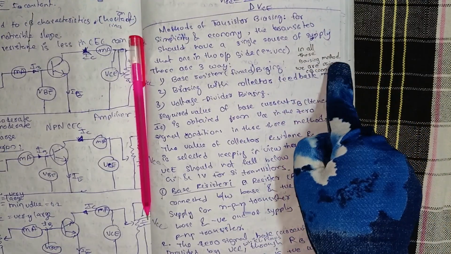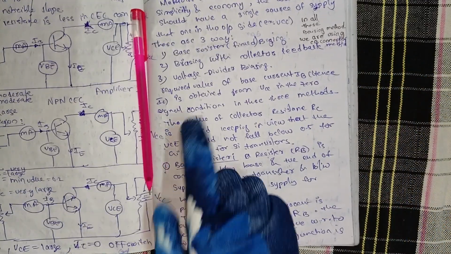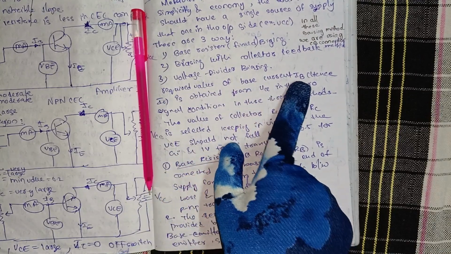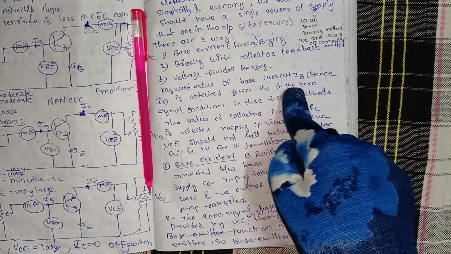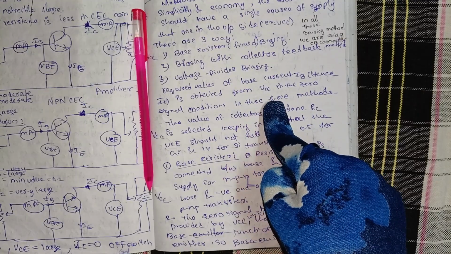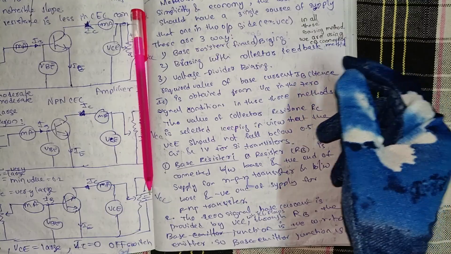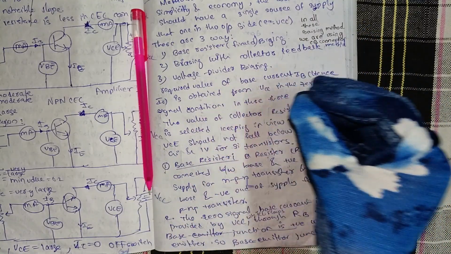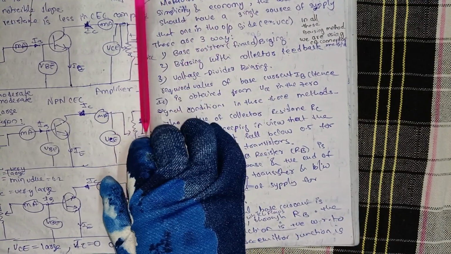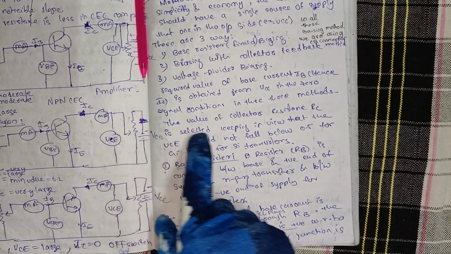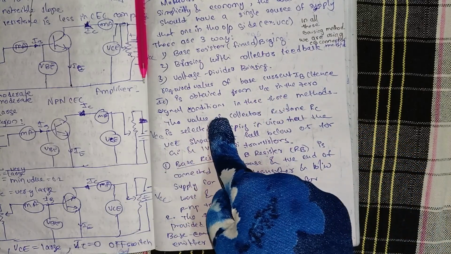In all of these biasing methods we use the common emitter connection. We require the base current IB, and hence the collector current IC is obtained from the output voltage VCC in the zero signal condition in these three methods.